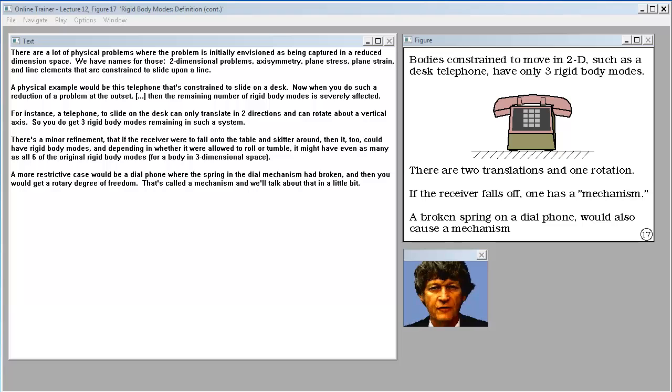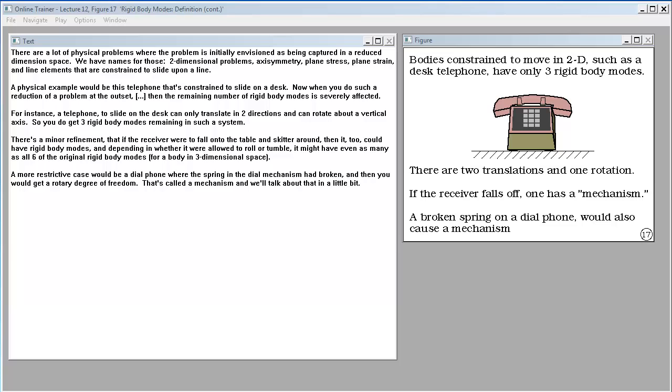There are a lot of physical problems where the problem is initially envisioned as being captured in a reduced dimension space. We have names for those: 2-dimensional problems, axis symmetry, plane stress, plane strain, and line elements that are constrained to slide upon a line. A physical example would be this telephone that's constrained to slide on a desk.